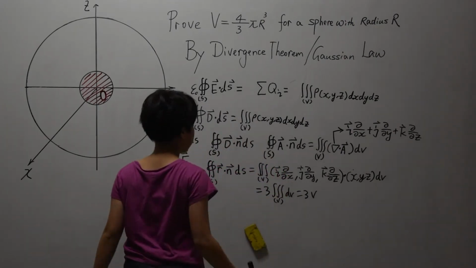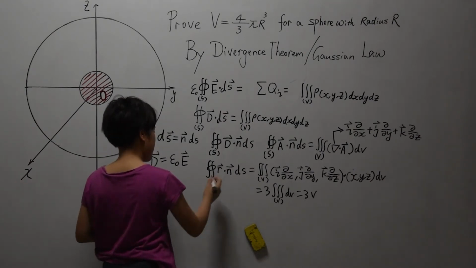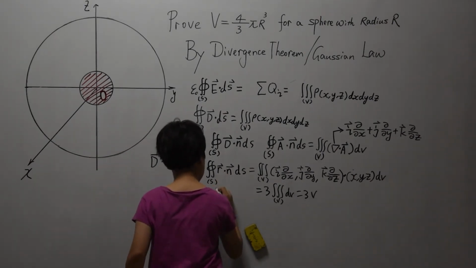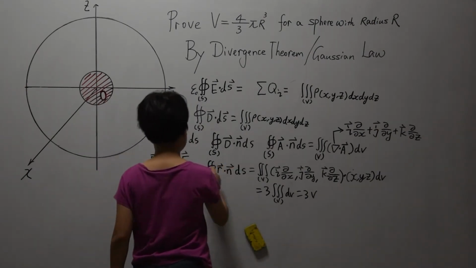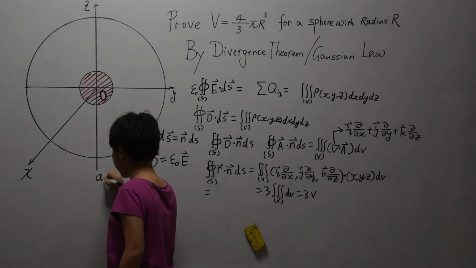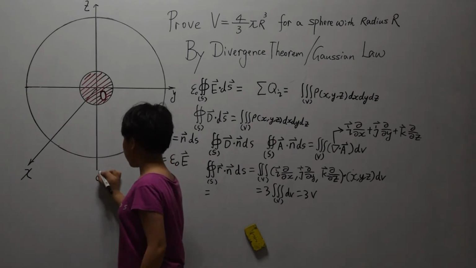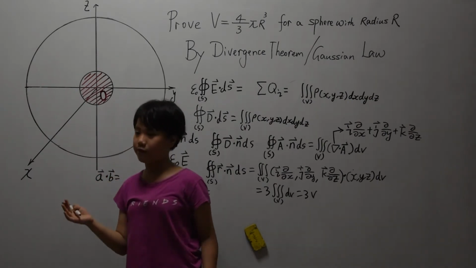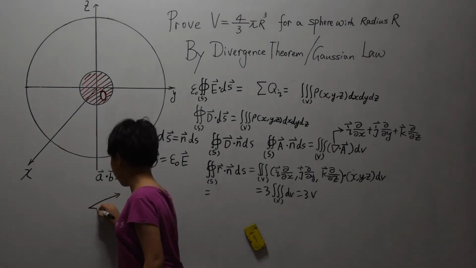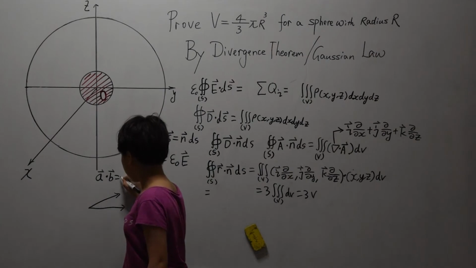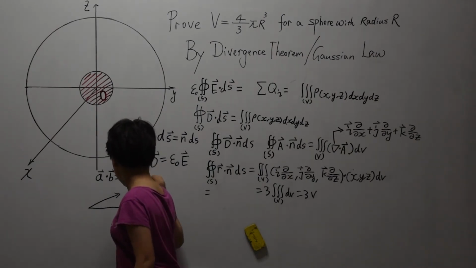Now over here, we have the dot product. For this part, what is this scalar? Let us take A dot B. What is it equal to? I mean A vector dot B vector. Both must be vectors, okay? For this part, it is AB cosine theta.